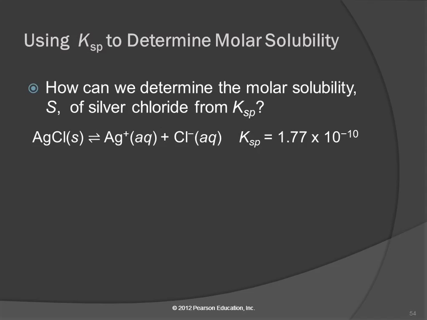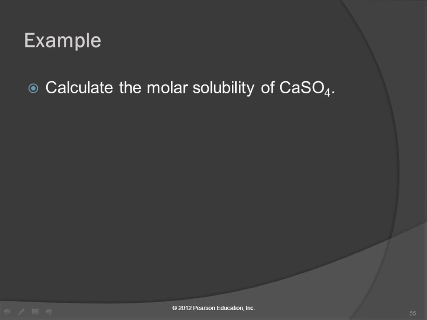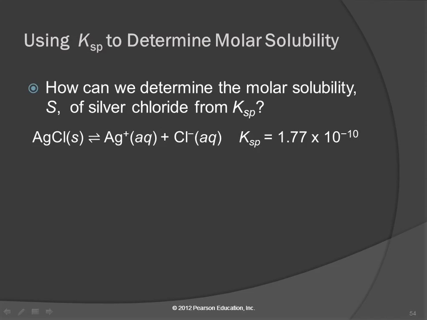So what I'm going to do is write the expression. Ksp equals the silver ion concentration times the chloride ion concentration.